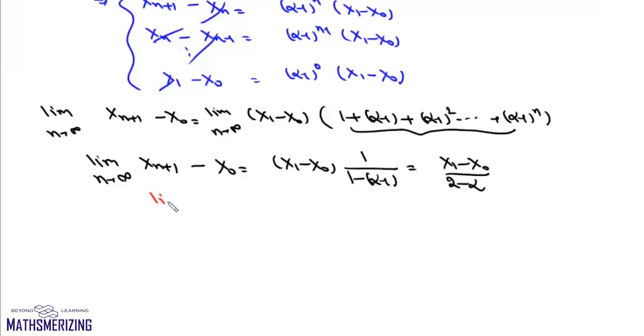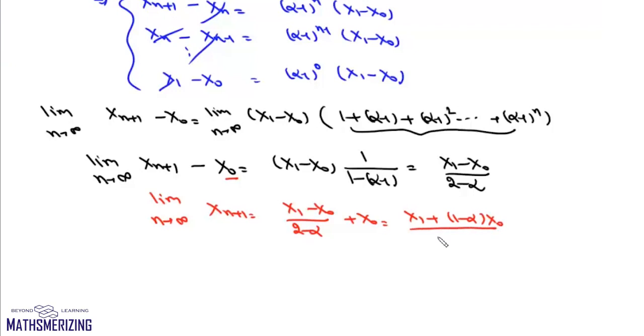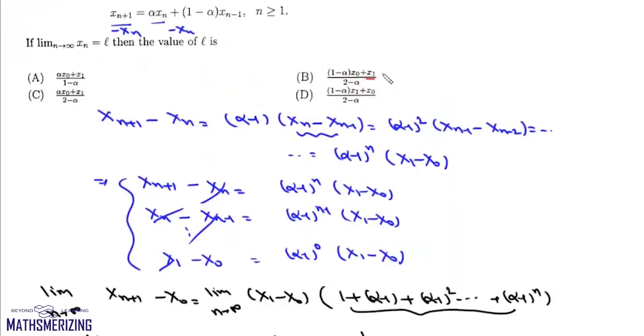We can write this limit n tends to infinity xn plus 1 as x1 minus x0 upon 2 minus alpha, and then plus x naught. So it will be x1 plus 1 minus alpha x naught upon 2 minus alpha, and that's your option B.